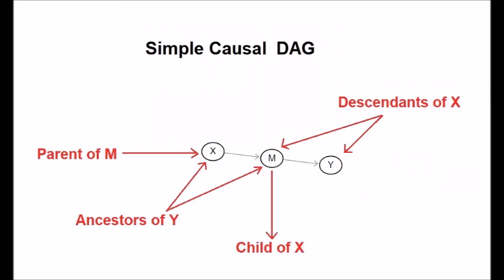In this simple causal DAG, X is the parent of M and M is the child of X, whereas X and M are ancestors of Y, and M and Y are descendants of X. So you can see that we are using kinship terminologies like parents, children, ancestors, descendants, and everyone is familiar with these terms, so it's very easy to remember and understand.